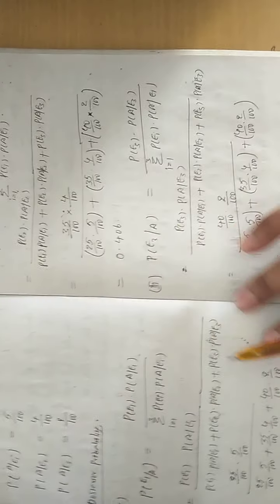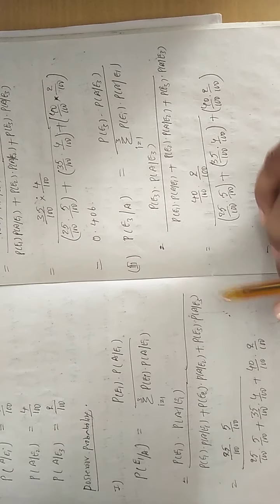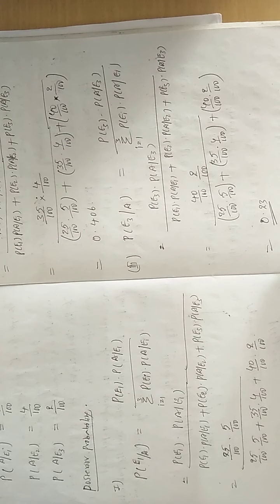Now one more very important thing. While solving a Bayes theorem problem, the method we learned here is a bit of an expanded format: we directly substituted in the formula and individually calculated all the probabilities.